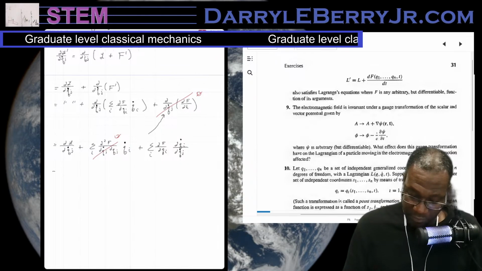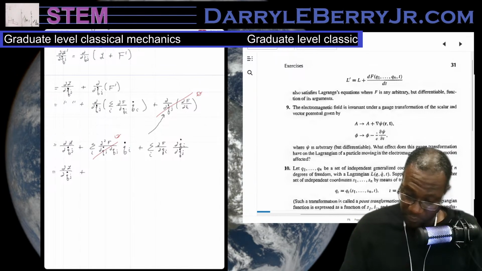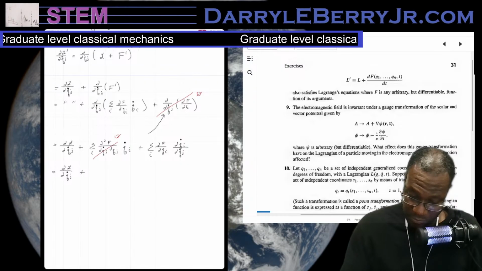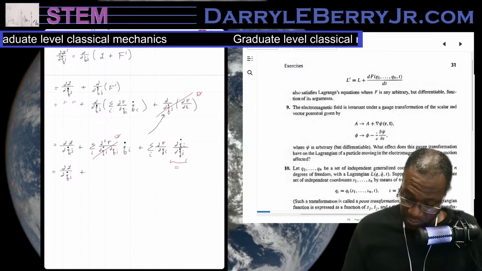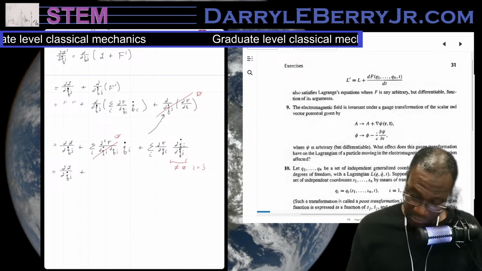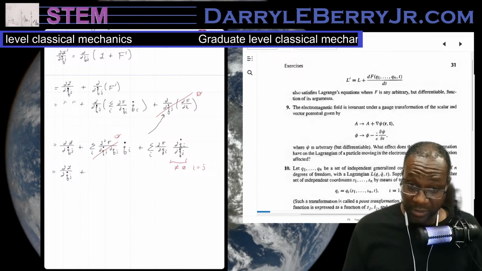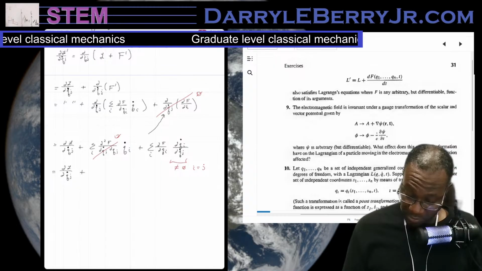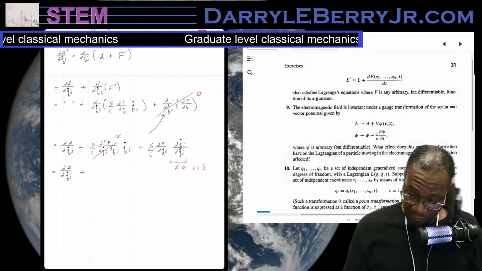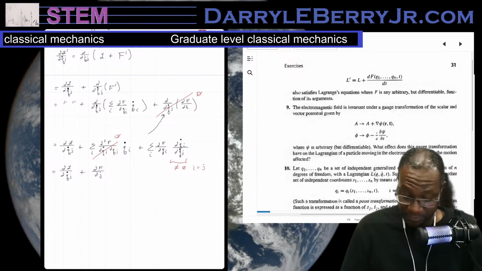And this should equal partial L over partial q dot j plus this, which equals not 0 when i equals j. So if i sums to j, that means that equals 1. We have partial f over partial q_j because we summed through and got j.